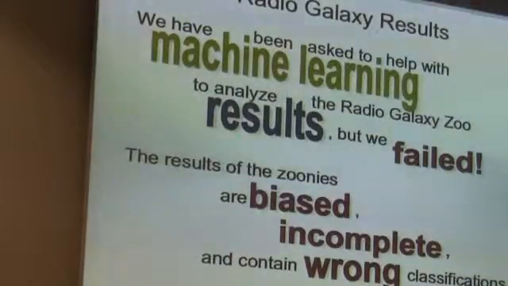We got into discussion, but in the end we came to the conclusion it's probably not possible to do it with the data that was collected, because the results from the Zooites are strongly biased. They are very incomplete because the volunteers just do a small fraction of objects, so you cannot really determine a quality out of the selections, and it just contains too many wrong classifications, at least the data we had.